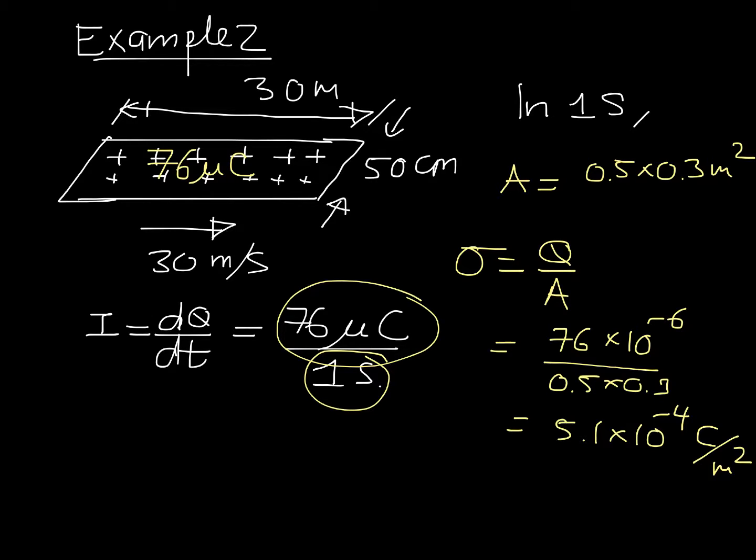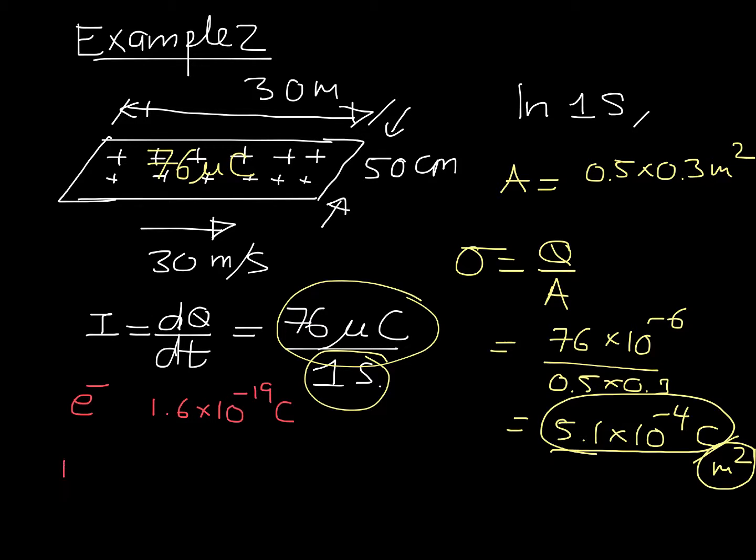In part B, what is the number density per unit area of electrons on the belt? So we know that we have the charge in 1 square meter. So what else do we know? We know that 1 electron has charge of 1.6 times 10 to minus 19 coulomb.